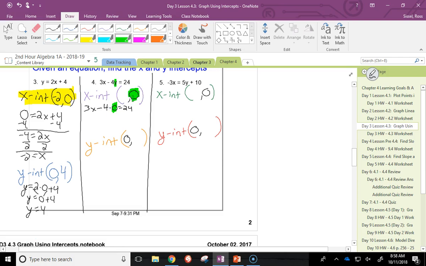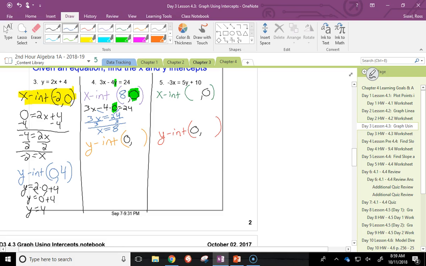If I solve the problem now, I would have 3x, and negative 4 times 0 is 0. I have to do nothing. And it equals 24. I'm going to divide 3x by 3. And we find that x equals 8. So my x-intercept is 8, 0.